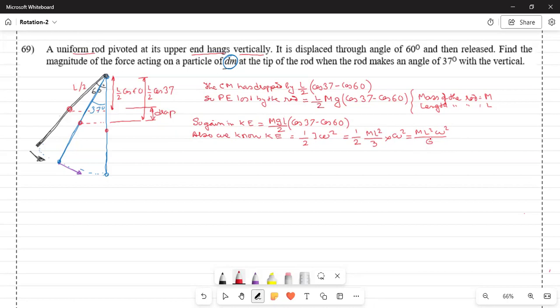That means ML square omega square by 6 is equal to MgL by 2 cos 37 minus cos 60.